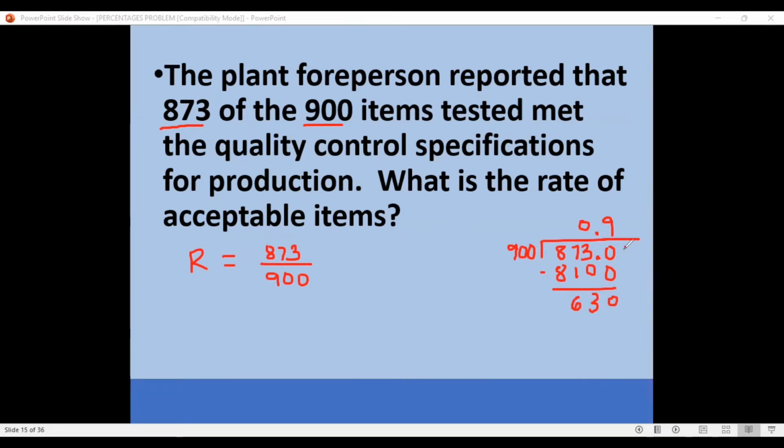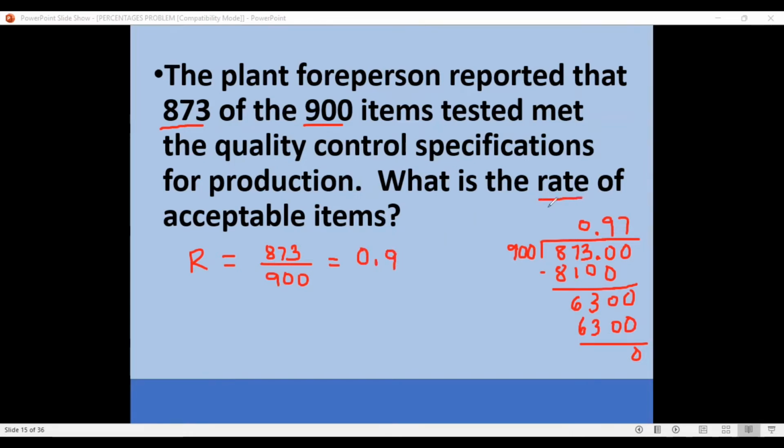7 minus 1 will give us a 6. So let's append another 0, and 6,300 divided by 900 will of course give us a 7. So 7 times 900 is now equivalent to 6,300. Now, this is the equivalent in decimal. So this one is equivalent to 0.97.